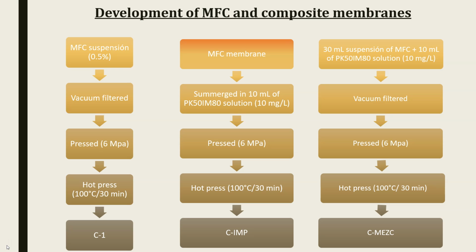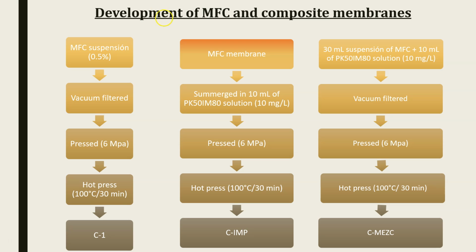Well, we start with a microfibrillated cellulose suspension of 0.5%. After that, this is vacuum filtered, then hot pressed, and we obtained the microfibrillated cellulose membrane, which in this case we named C1.